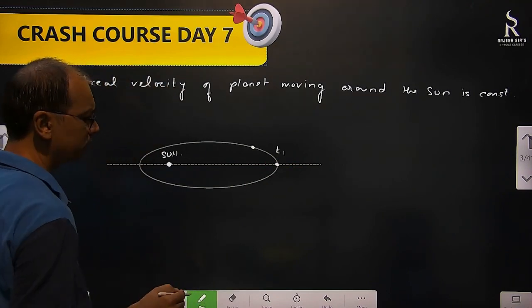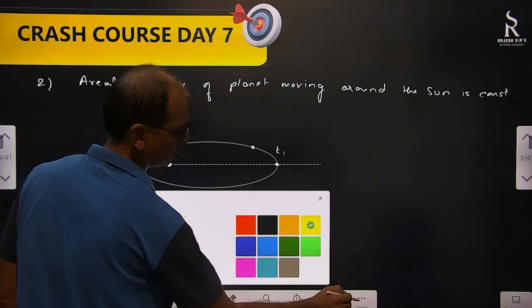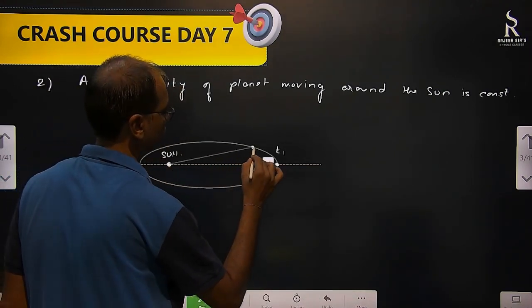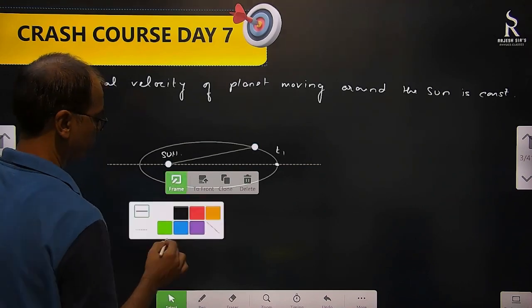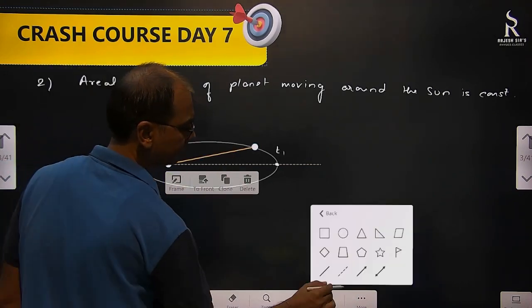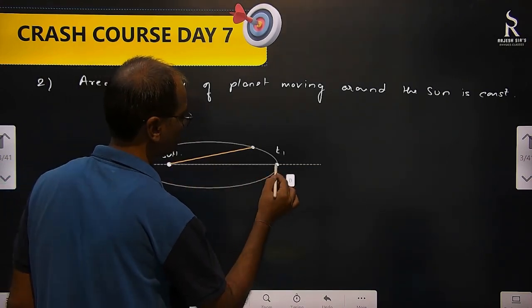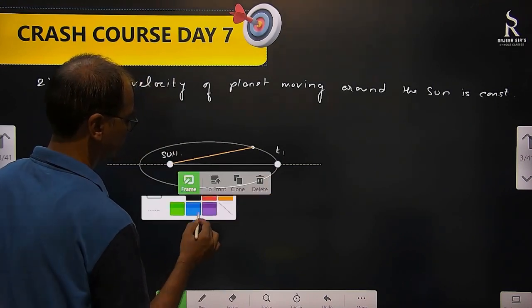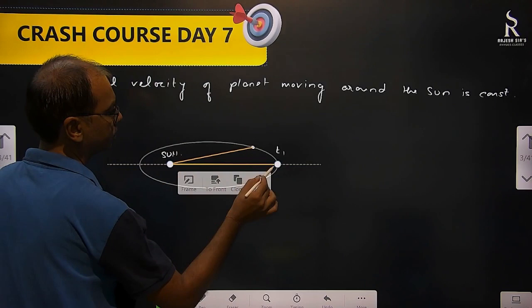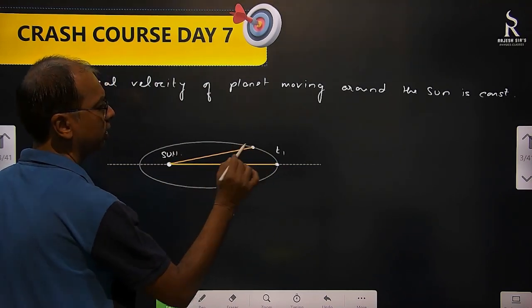What is the area swept? The area swept is this, because the initial and final positions are these. This area is swept by the planet in time t1.